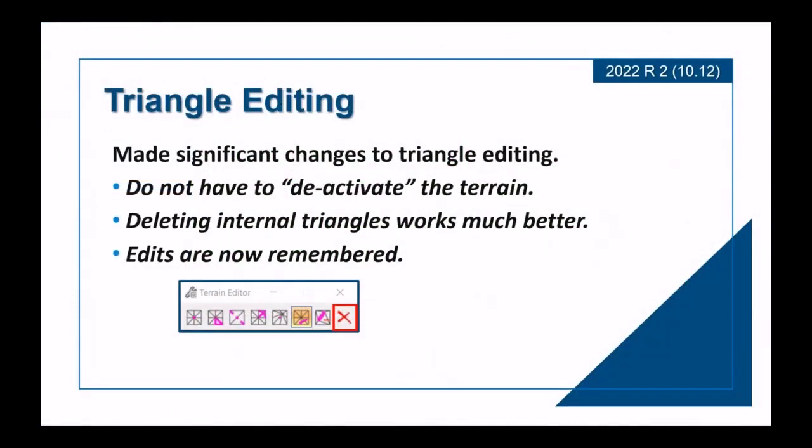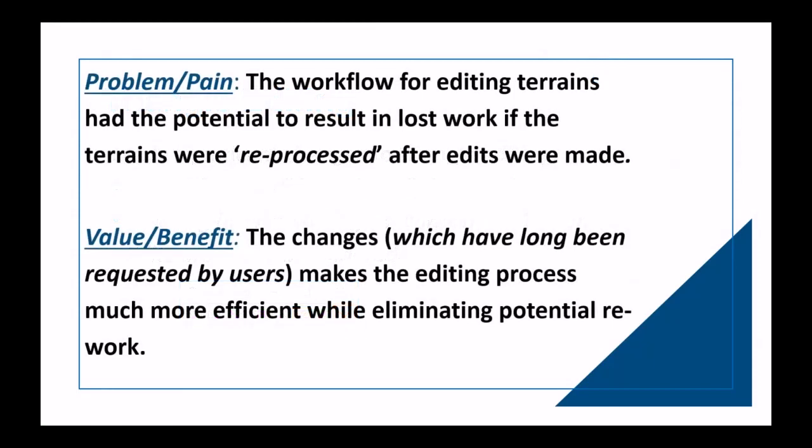Now, here is one of the bigger things that we did in the area of triangles. We introduced this in 2022 R2, and this is something that users had asked for quite a long time. The problem was in the old workflow, you had to deactivate a terrain in order to make edits.